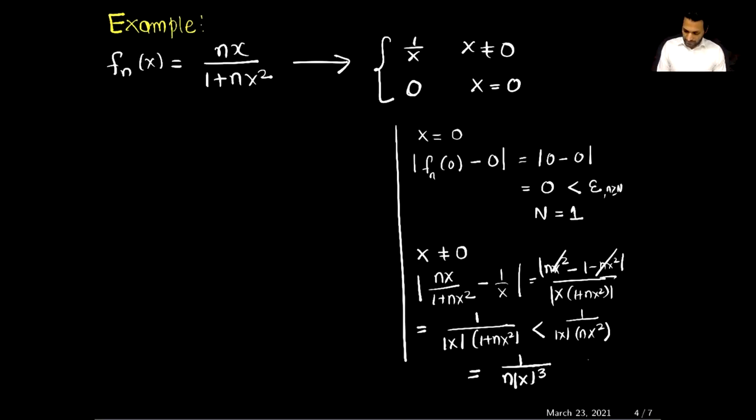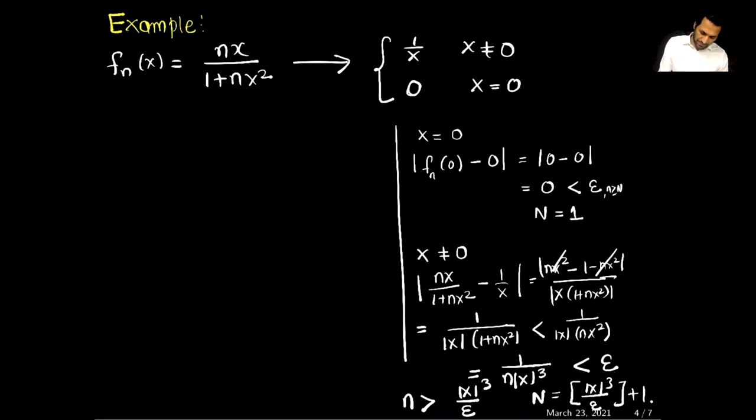And I can make this less than epsilon if I choose my little n bigger than 1 over epsilon times the absolute value of x to the power 3. So now this gives me the choice of capital N. I can choose my capital N as the absolute value of x to the power 3 divided by epsilon, plus 1. As you can see, if x is equal to 0, N is automatically 1, so this will even cover the case when x is equal to 0.